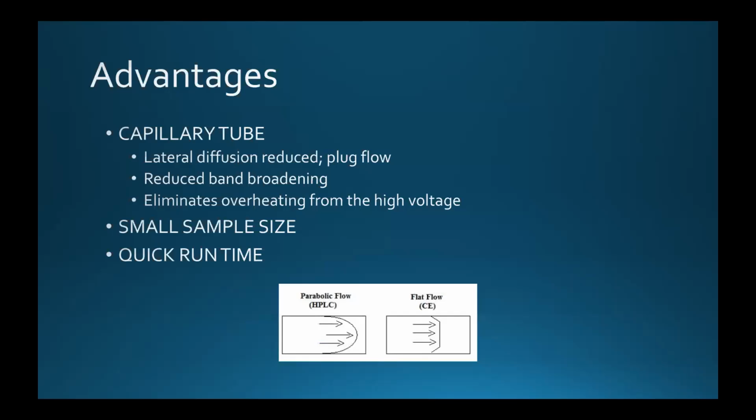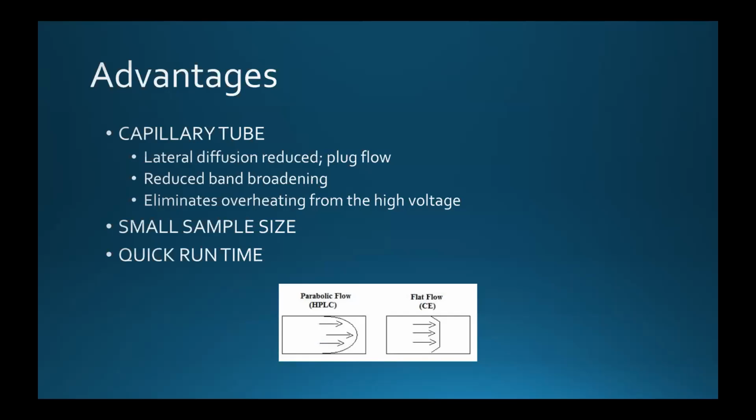Some advantages of this method come from the capillary tube, and the way that it is designed gives a lot of advantages to the process. Again, the surface to volume ratio reduces overheating, which also reduces deterioration of the sample and encourages reproducibility.